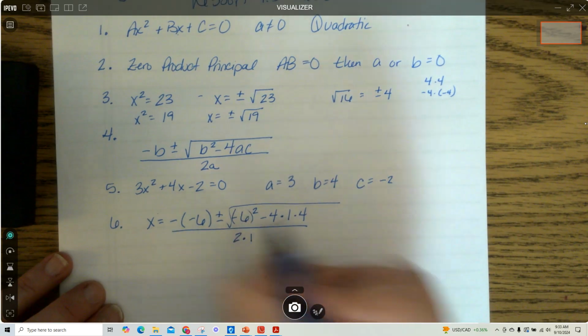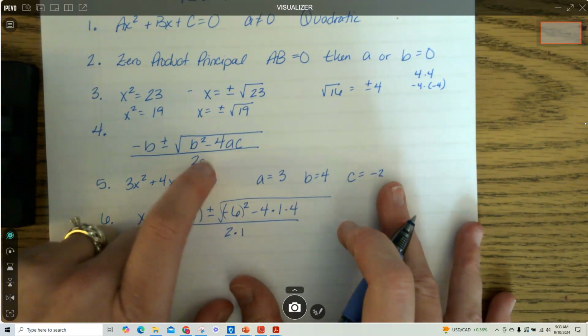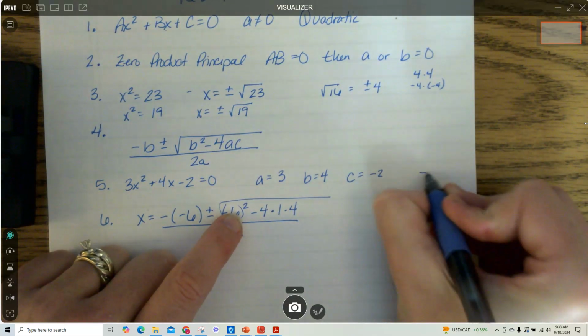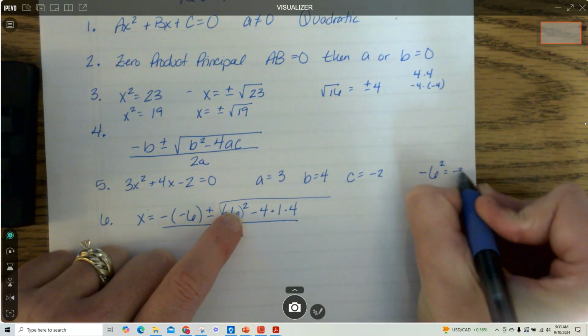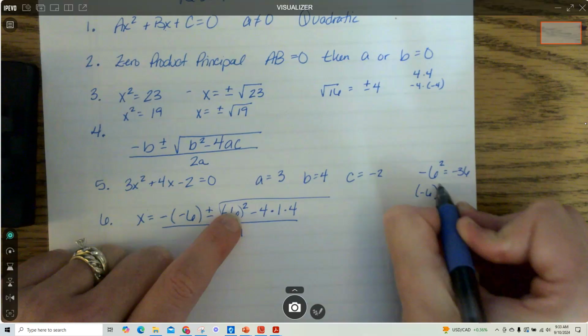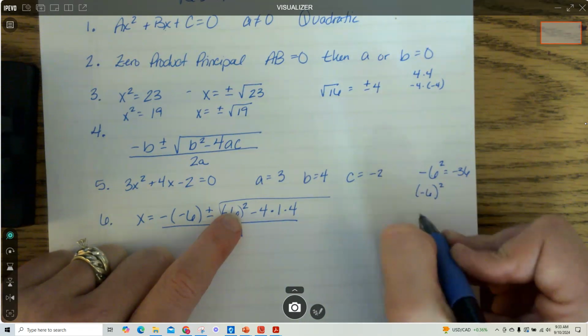Okay, so one thing that happens with these, if that's a negative, it goes in parentheses. If you type negative 6 squared in your calculator, it's going to tell you negative 36. That needs to be in parentheses because if you write it one way, you're squaring the 6 and then tacking the negative onto it.